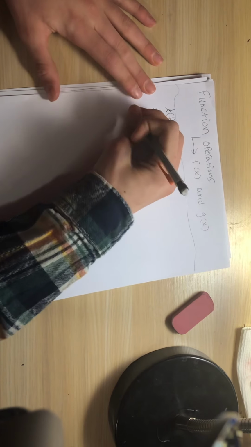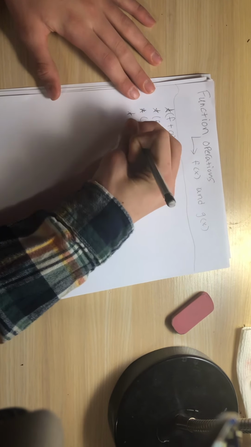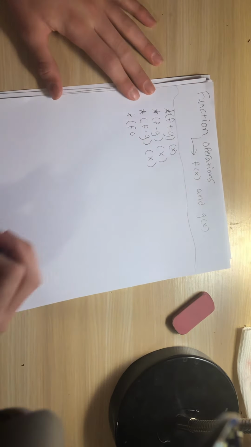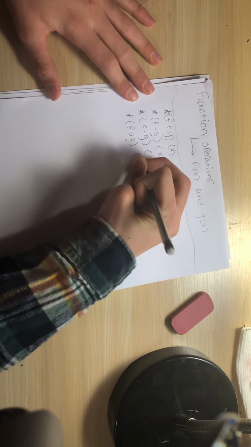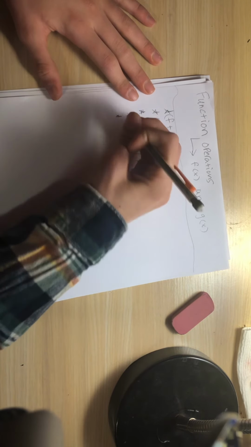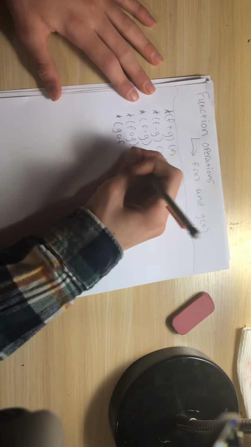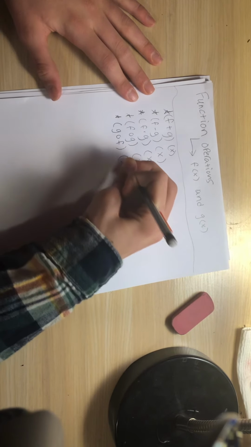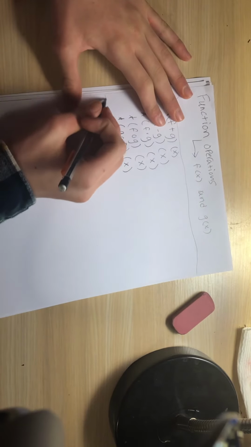And then the fourth equation we'll be using is f circle g of x, where the circle means just "of", so f of g of x. And then the final one that we'll be using is g of f of x. This looks very complicated, but it'll all make sense soon once I show you the base information.